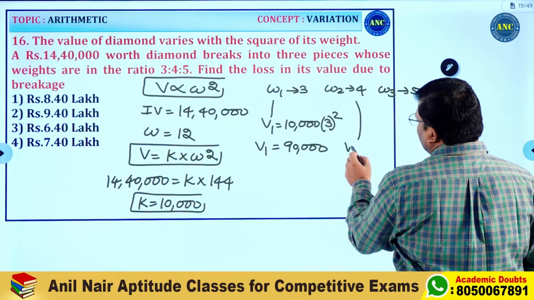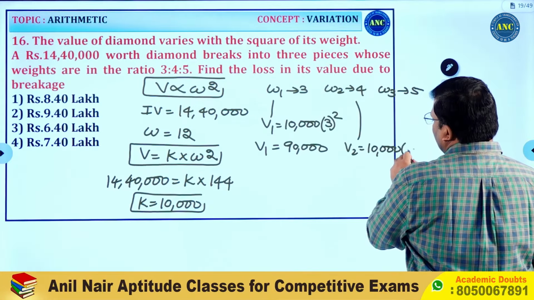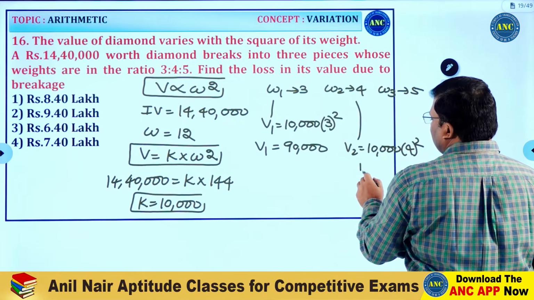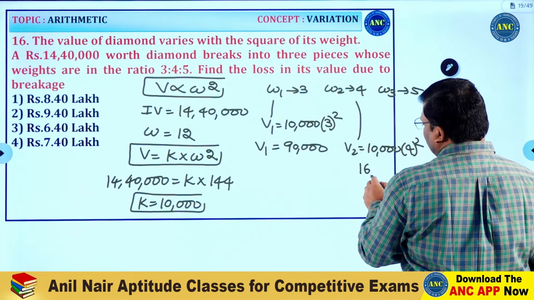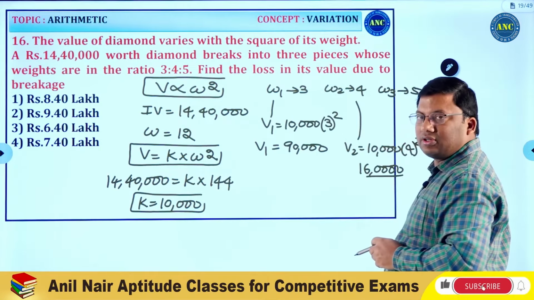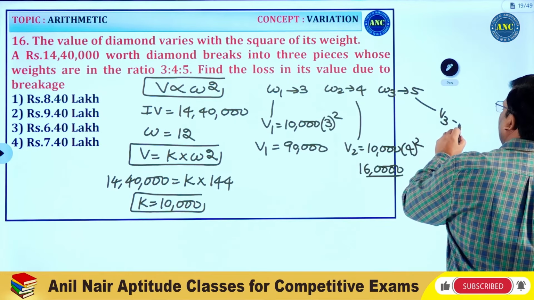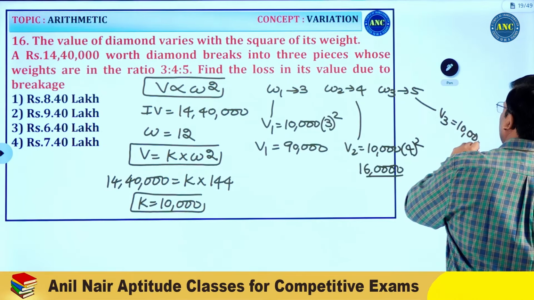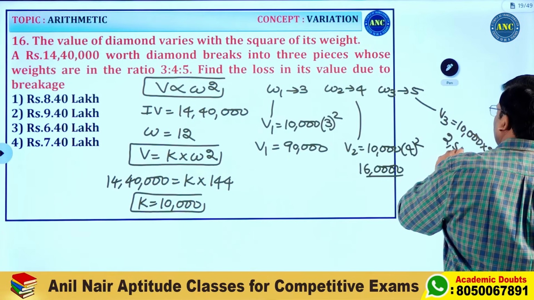V2 will be 10,000 into 4 square, 16 into 10,000, 1,60,000. Are you all with me? V3 will be 10,000 into 25, 2,50,000.